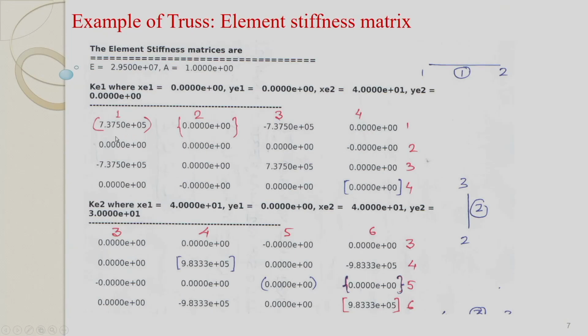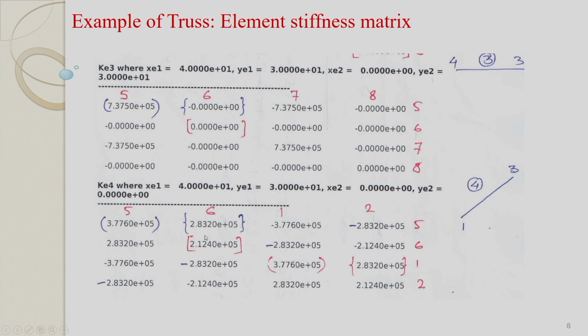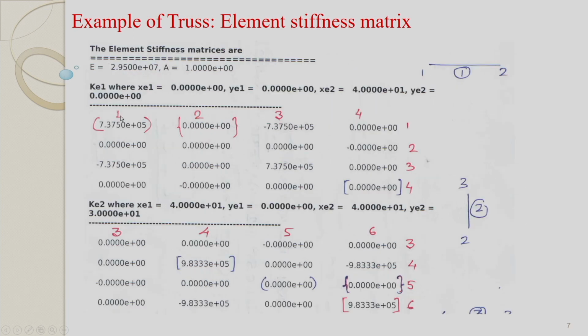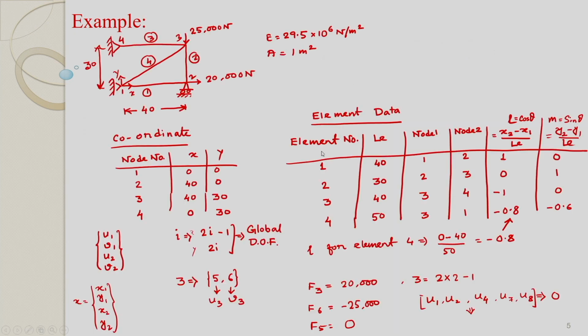So, here I have written this K1, K2, K3 and K4. These numbers are associated global degrees of freedom. So, for element 1 it is node 1 and node 2, so global degrees of freedom are 1 2 3 4.